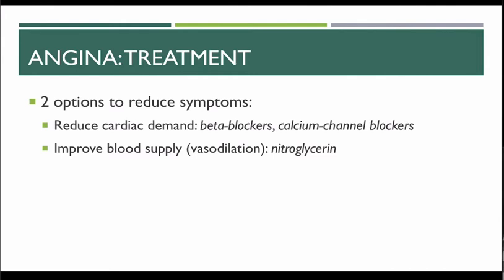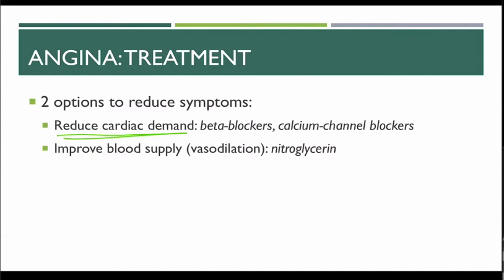In that way, beta blockers can reduce heart rate. Calcium channel blockers can reduce both heart rate and contractility. But for both of these drugs, if you reduce the oxygen demand of the heart, then even though they have limited ability to deliver flow, they can meet that demand because you're blocking the increased demand with the drug.